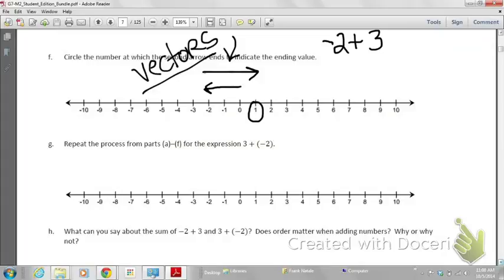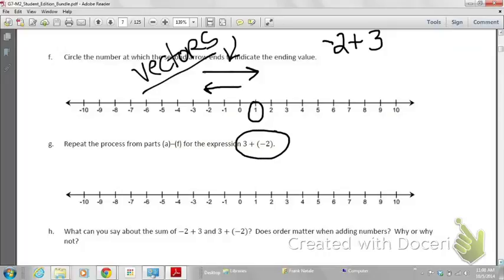If you need to pause at any time, always feel free to. These lessons aren't going to take half as long as the ones from Module 1. G says repeat the process from parts A to F for the expression 3 plus negative 2.